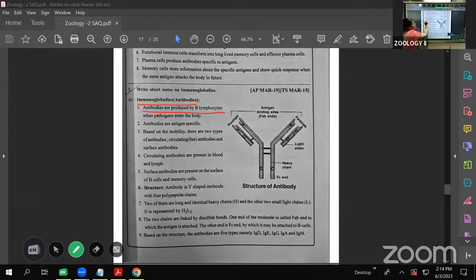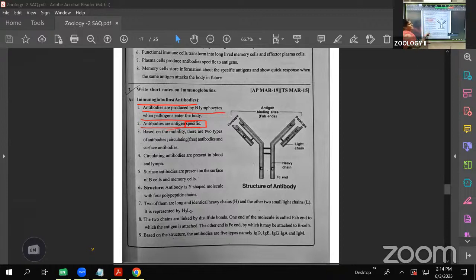When pathogens or any microbes enter our body, microbes are considered antigens. When antigens enter our body, immediately the antibodies are produced by the B lymphocytes. The antibodies are antigen specific. When an antigen enters our body, that particular antibody is released. That's why it is specific.